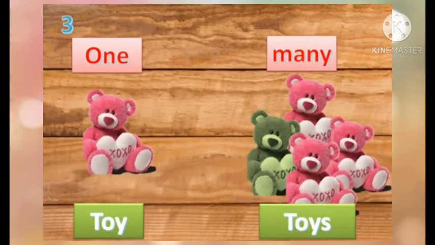Now see, toy. A very beautiful toy. T-O-Y, toy. And on the right side there are so many toys. T-O-Y-S. Only we are adding s. So one toy, and this is many toys. Right.